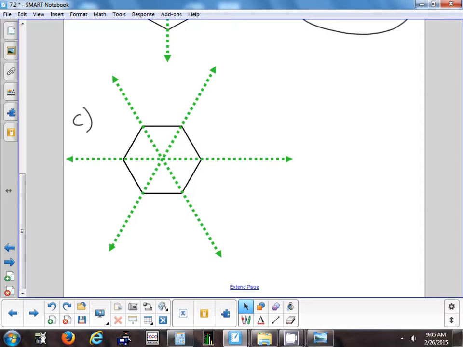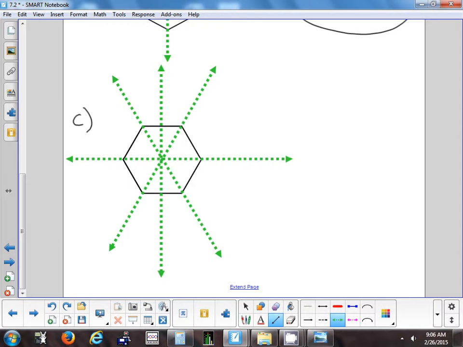Okay, so as Luke just said, you get a line of symmetry through those opposite vertices. And then where else do you get them? On the faces. Well, careful. Faces, usually that's something for a 3D shape. On each side. Okay, you get a line of symmetry vertically through those 2 sides.